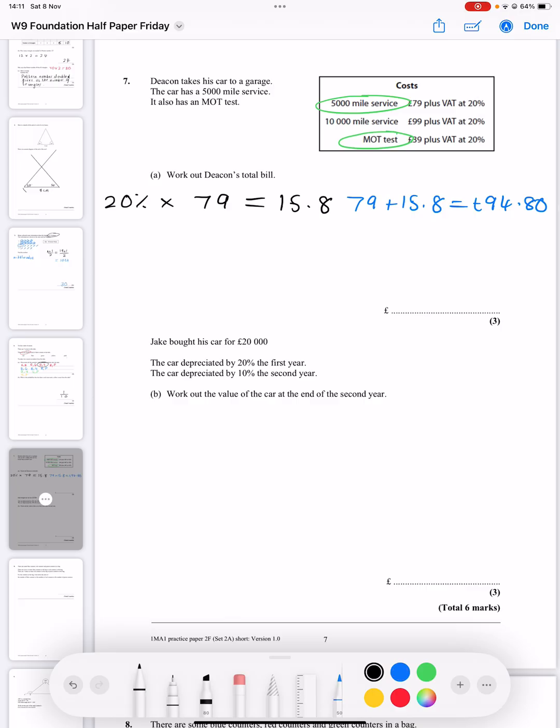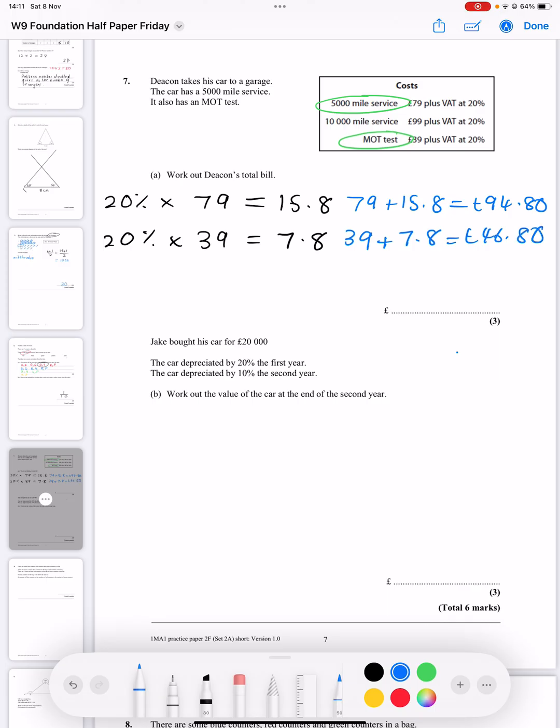We can do the same with the MOT test. 20% of 39 gives me the 20%. £7.80. We can add that on to the 39 to find the total cost of the MOT with the VAT added. It's £46.80.